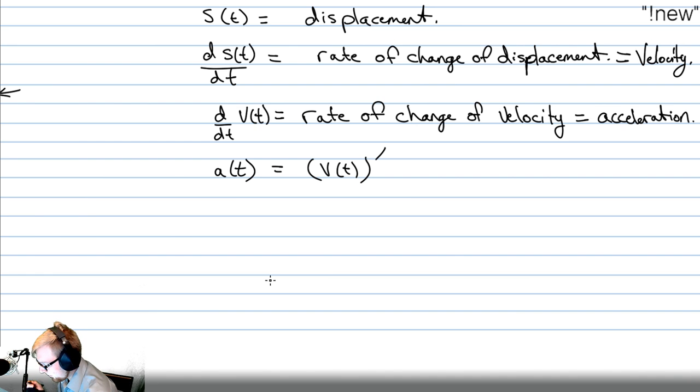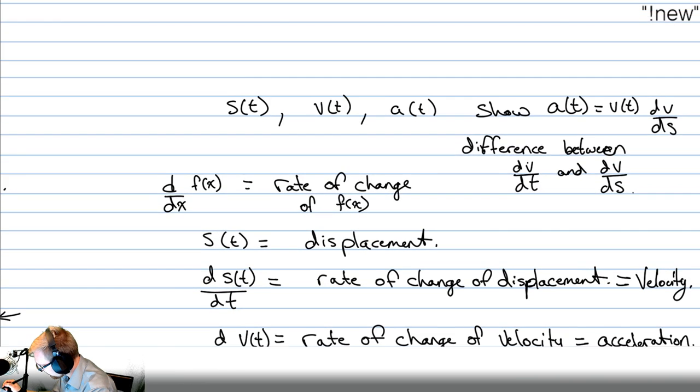And what is v of t prime? It would be the derivative, dv dt, which is then, if we're going to change our variables, dv ds times ds dt.